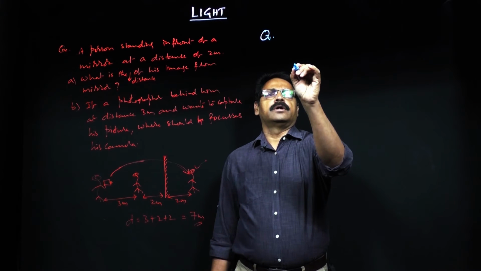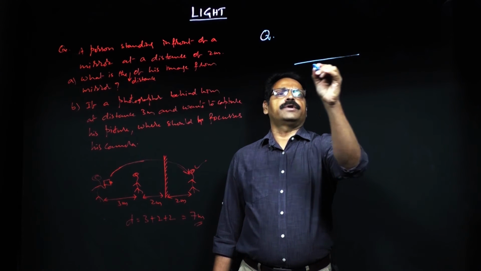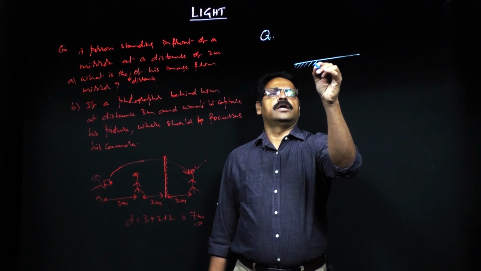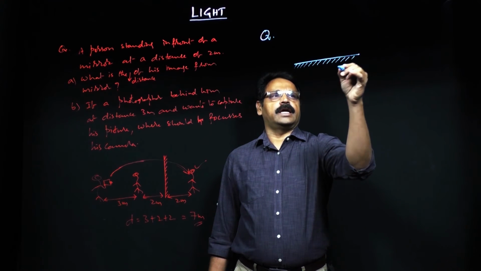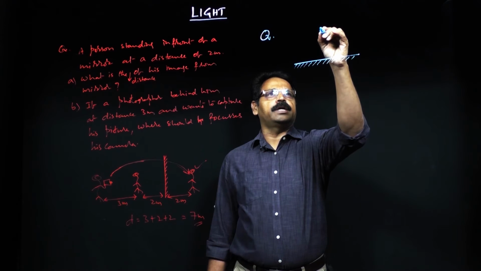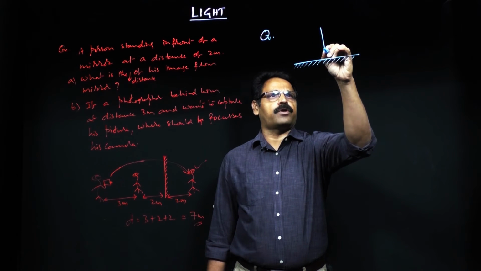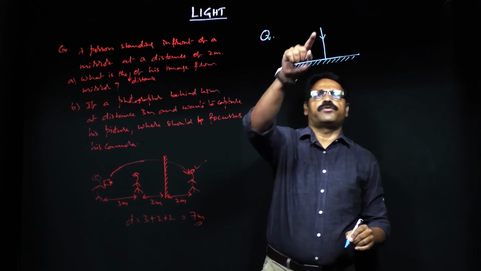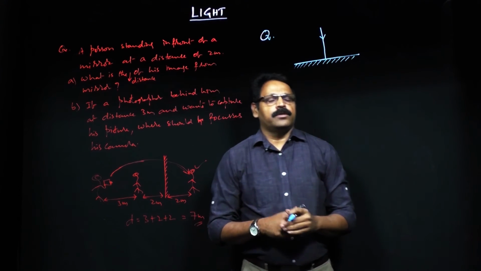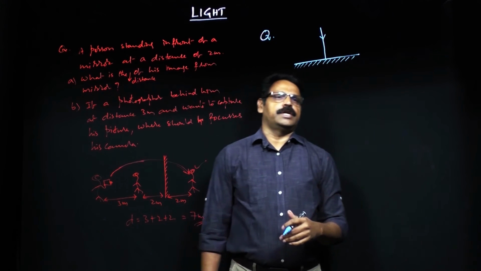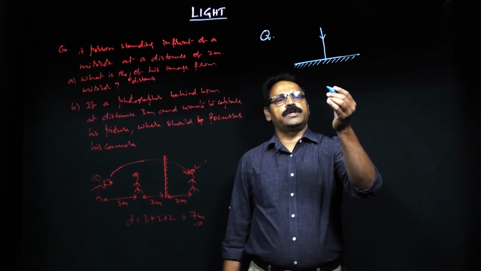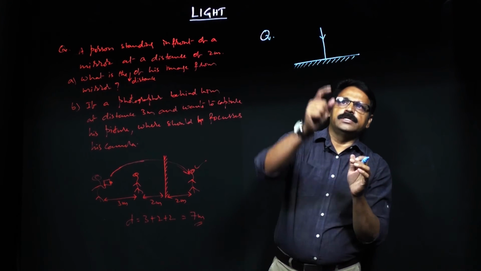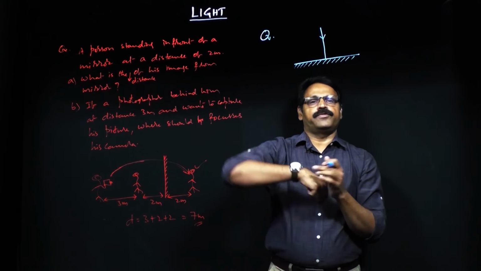For example, the question is asked like this: if the incident ray is falling perpendicular to the surface, the incident ray is falling like this, then what is the angle of deviation? What is the angle of deviation? How can you define the angle of deviation? The angle between the incident ray and the reflected ray.